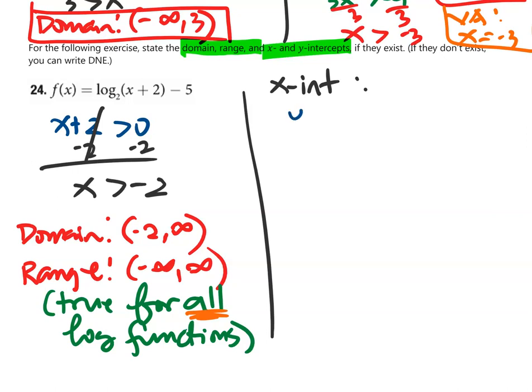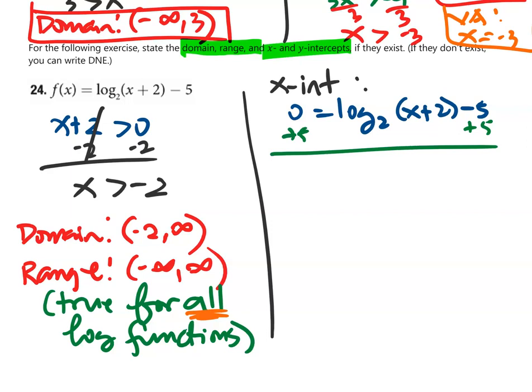So 0 is equal to log base 2 of x plus 2 minus 5. Solve for x. We add 5 both sides. Log base 2 of x plus 2 equals 5. Then we can rewrite this to exponential.